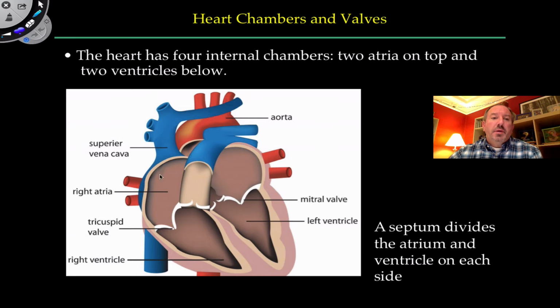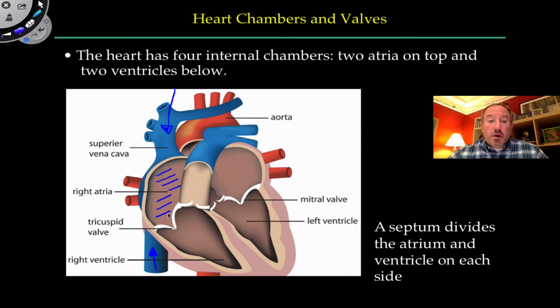Deoxygenated blood fills up the right atrium from the superior vena cava, coming from the upper part of the body, and the inferior vena cava, which is blood traveling up from the lower extremities, in other words the midsection of the body and the lower legs. Both of those fill up the right atrium.